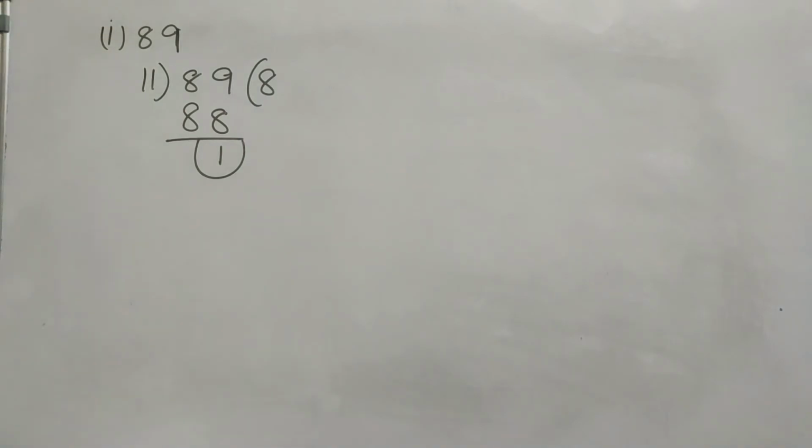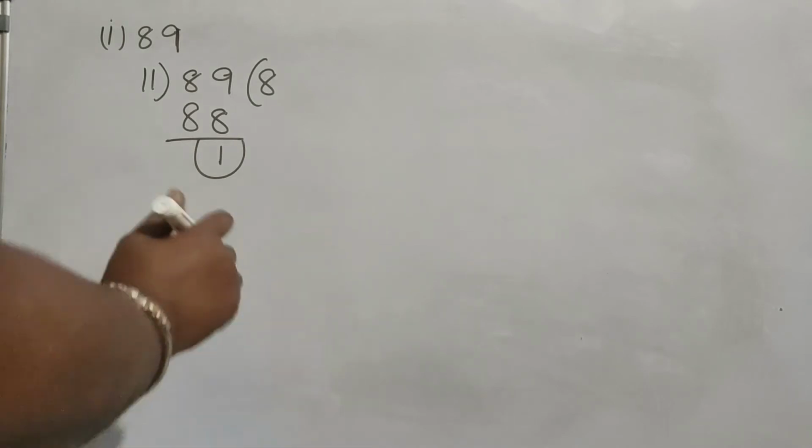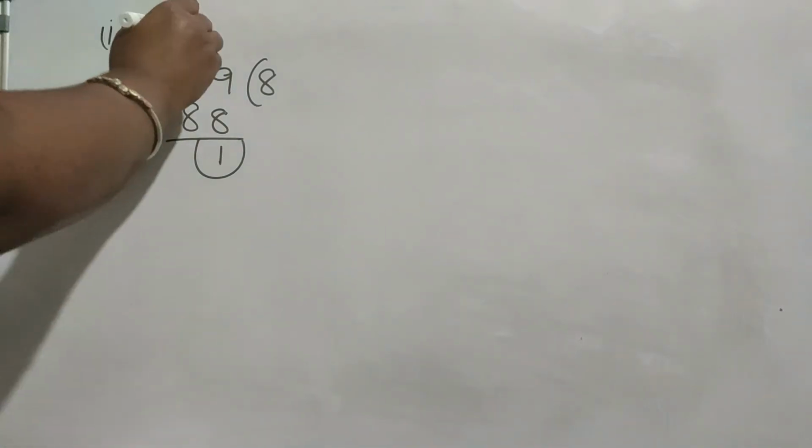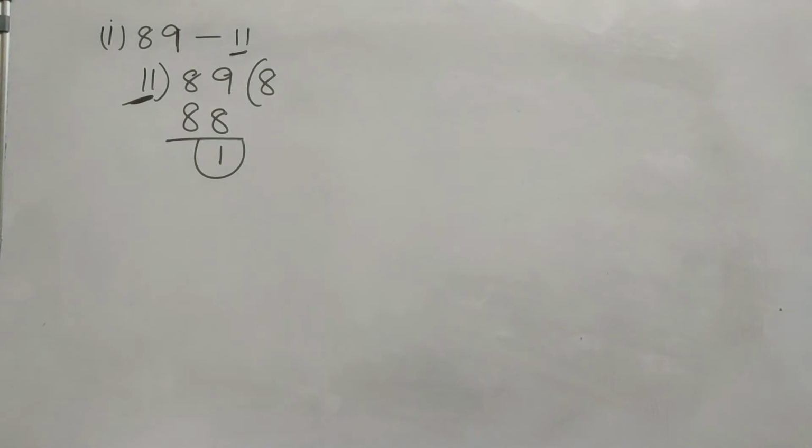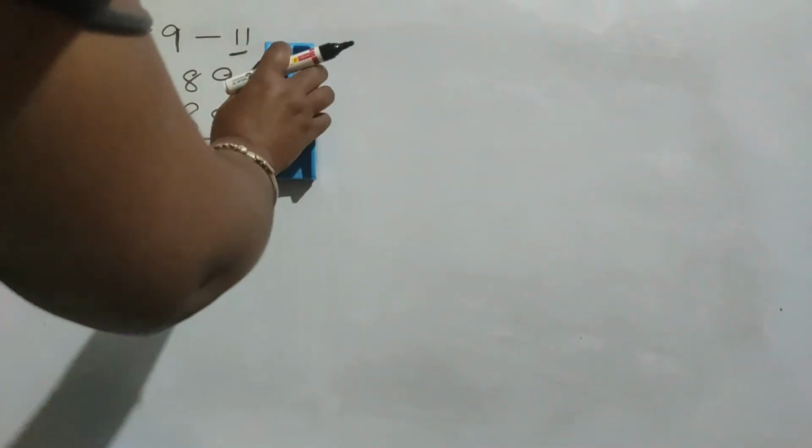When a number is not completely divisible, it will not have more than one factor. So that is a prime number. 11 is the largest prime number giving this information. So for 89, the answer is 11.